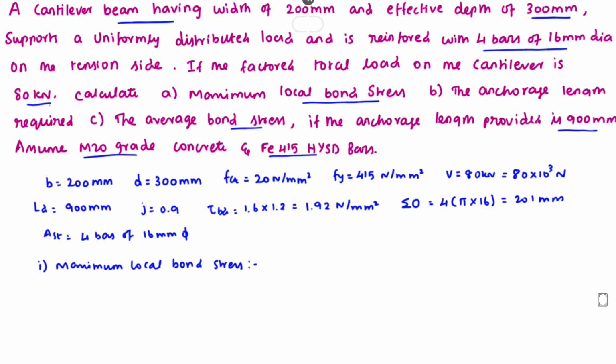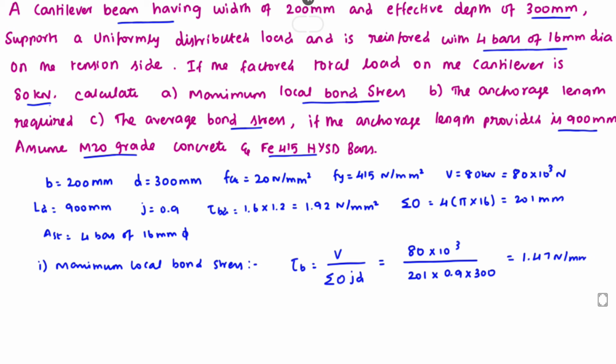We can use the formula tau B equal to V divided by sigma O into J into D. Now we can substitute all the values: 80 into 10 power 3 divided by sigma O, which is 201, into J value 0.9, into D value 300. Solving this, we get the value of 1.47 Newton per mm square.